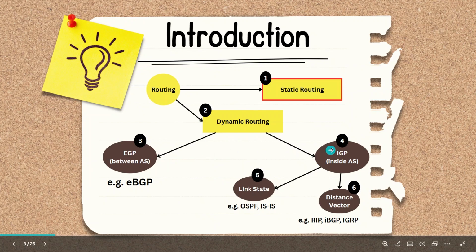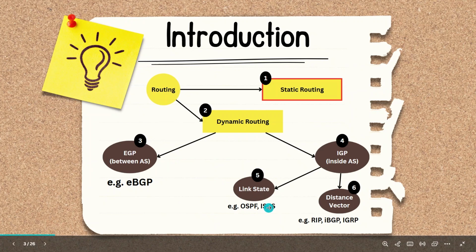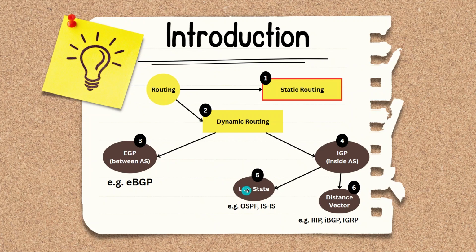Now again, there are two ways we can achieve IGP. Not exactly two ways, because the way cannot be distinguished, but it depends on the algorithms being run by the protocol. OSPF and IS-IS basically run the link state algorithm to choose the best path.